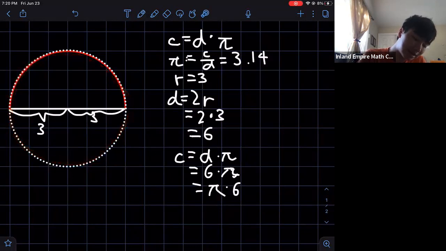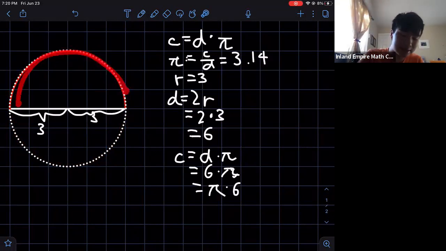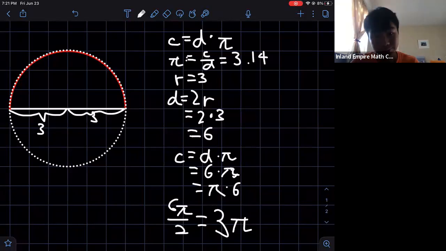This piece right here is going to have the same length as this piece right here. Since they both add up to form the entire circle's circumference, we can simply divide this by 2, which means we get 6 pi divided by 2 equals 3 pi, since 6 divided by 2 equals 3.